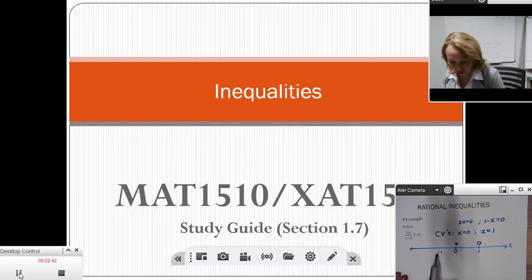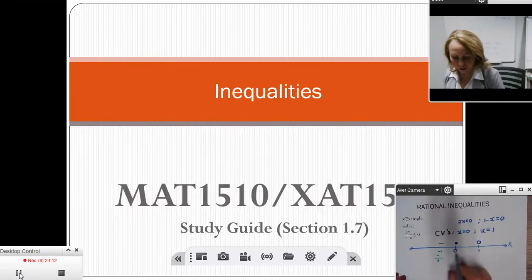If I choose x to be -1, I get 2 times -1, which is -2, divided by 1 minus -1, which is 1 plus 1, so that's a positive. And a negative divided by a positive is a negative. So the overall sign for any x value less than 0 would be a negative.